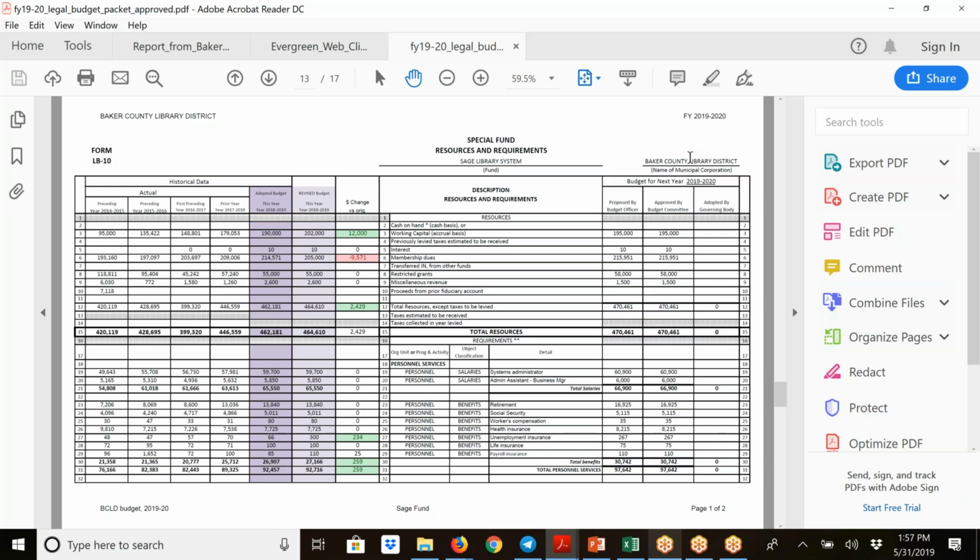So if it took them longer to process the materials and get it out of in process, then that window will be a little bit longer. But it will automatically look at the active date and the date that somebody is trying to place a hold, or even in the catalog display, it'll indicate when it's available automatically.